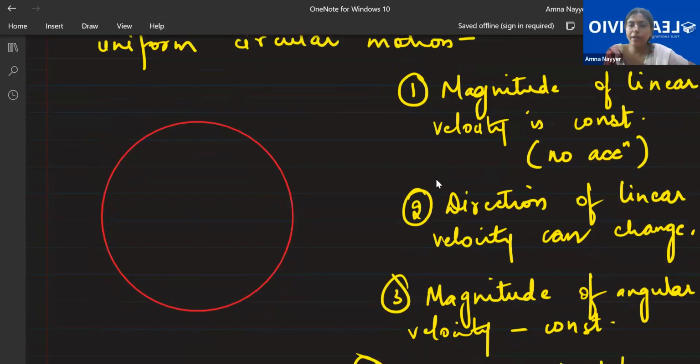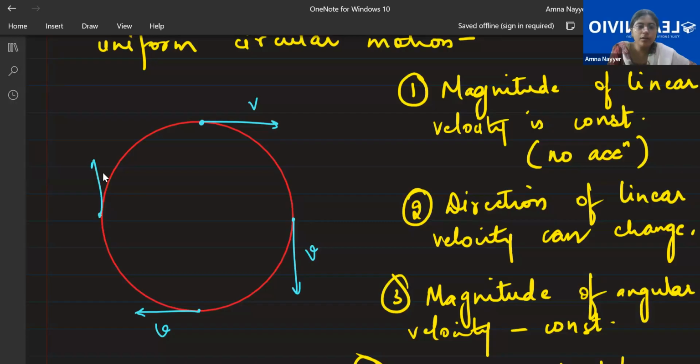Neha, see, when we're talking about the uniform circular motion, when do we say a body is exhibiting a uniform circular motion? A few things have to be constant. Magnitude of the linear velocity. If this is v, at this point also it will be v.